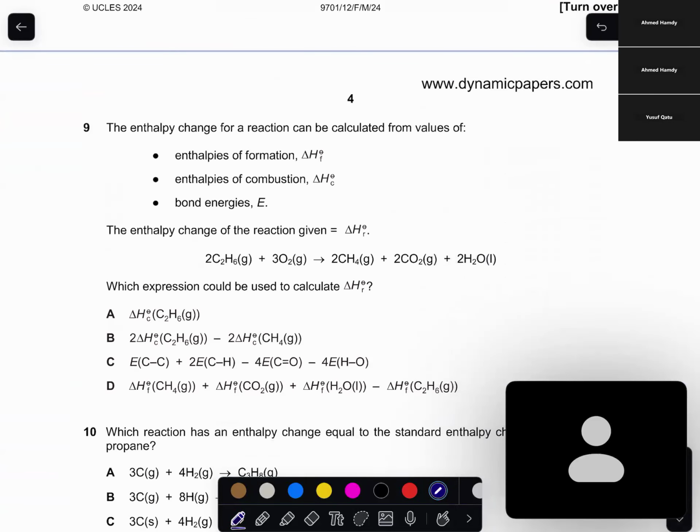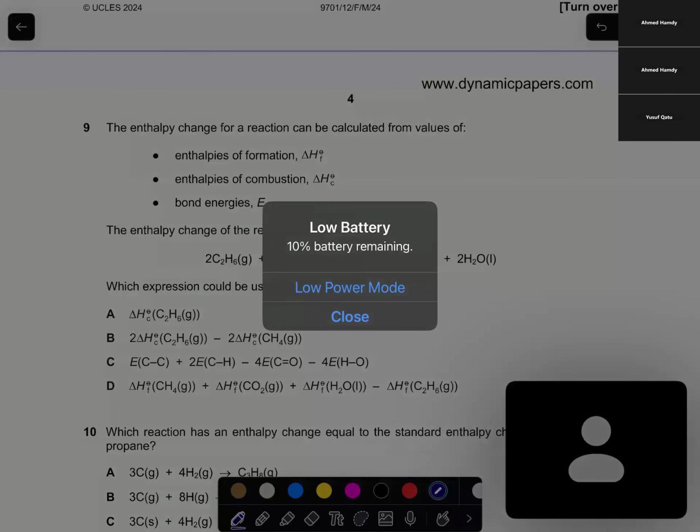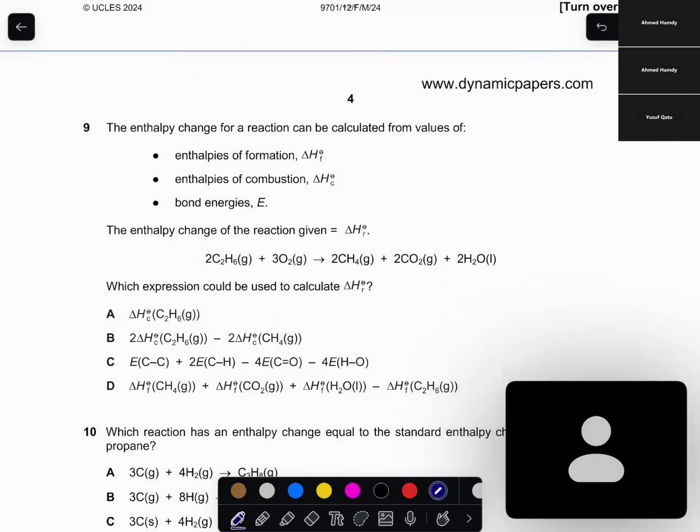Next question. The enthalpy change for a reaction can be calculated from the enthalpy change of formation, the enthalpy change of combustion, or the bond energies. The enthalpy change of this reaction is given as delta H. Which expression could be used to calculate the enthalpy change?